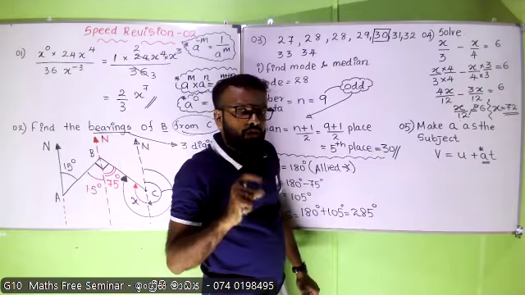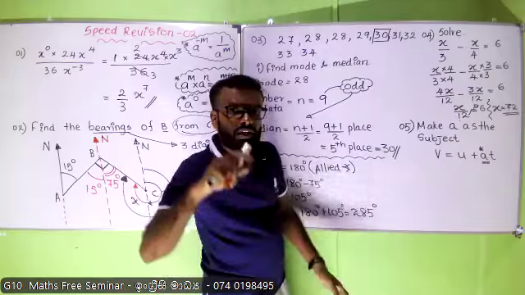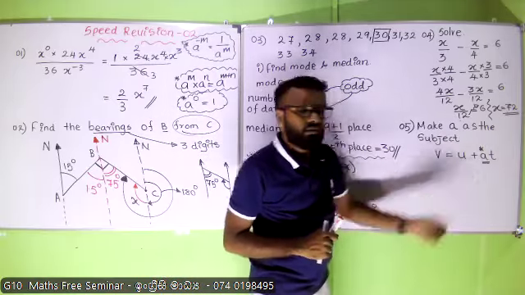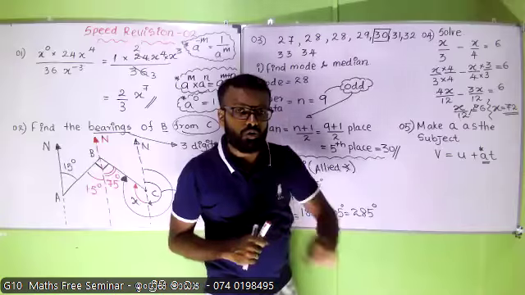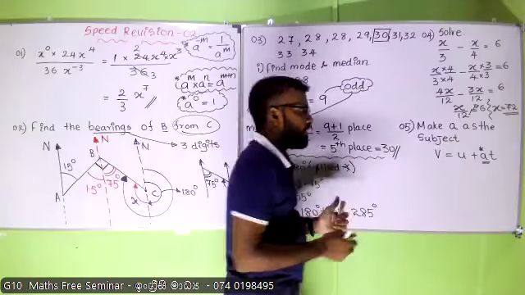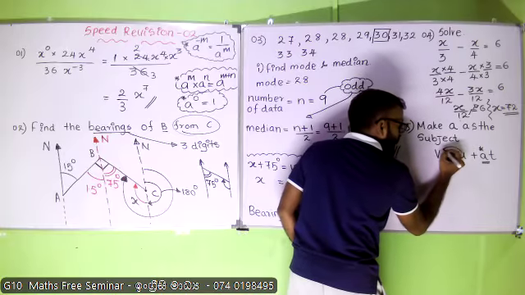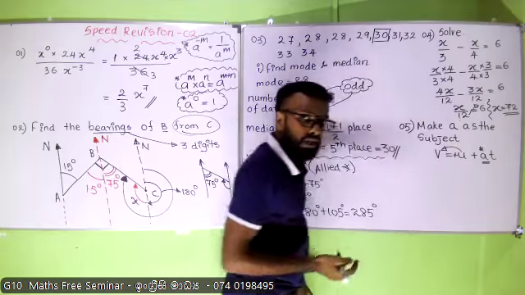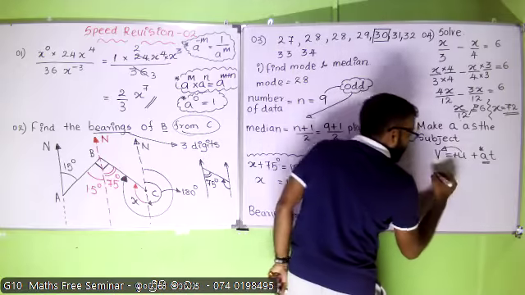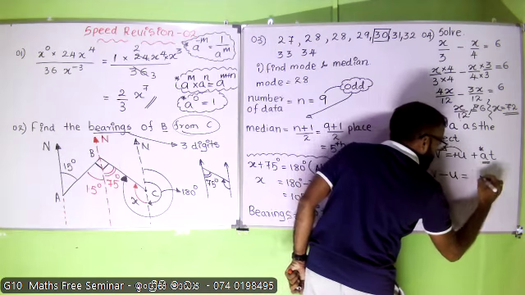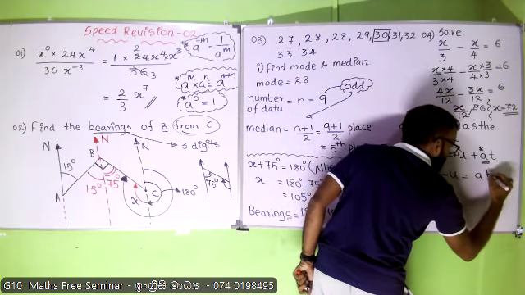What are the unnecessary terms that you are going to remove? u and t. First you remove u. This is positive u. When it goes to the other side, it automatically becomes negative u. So you can write v minus u equals at.